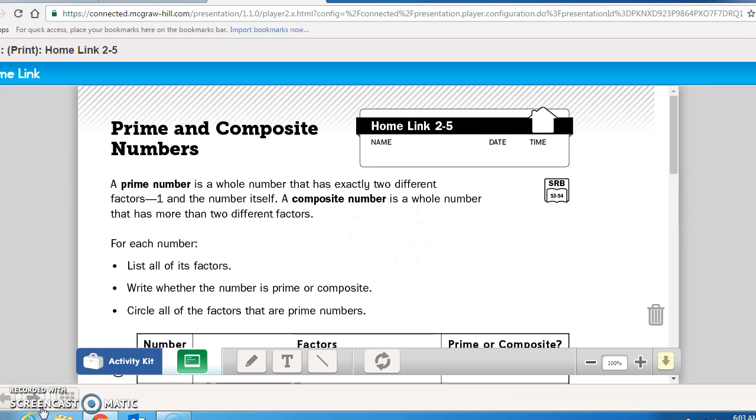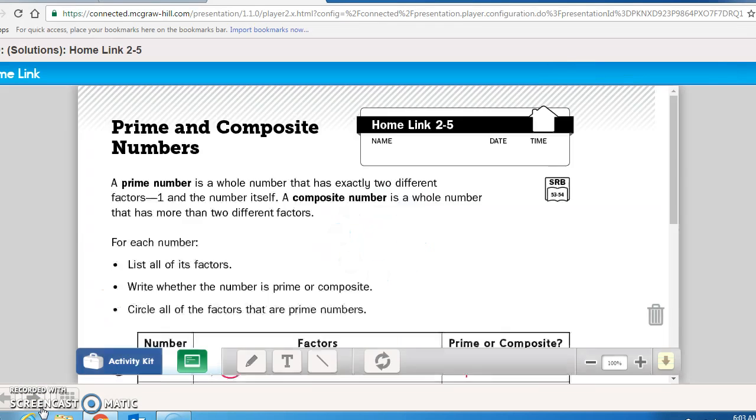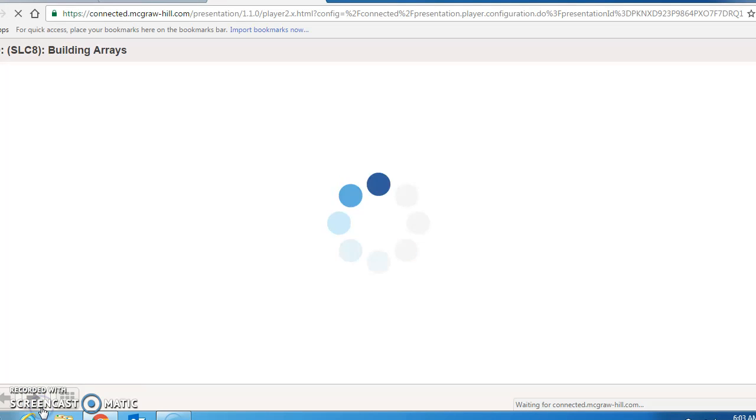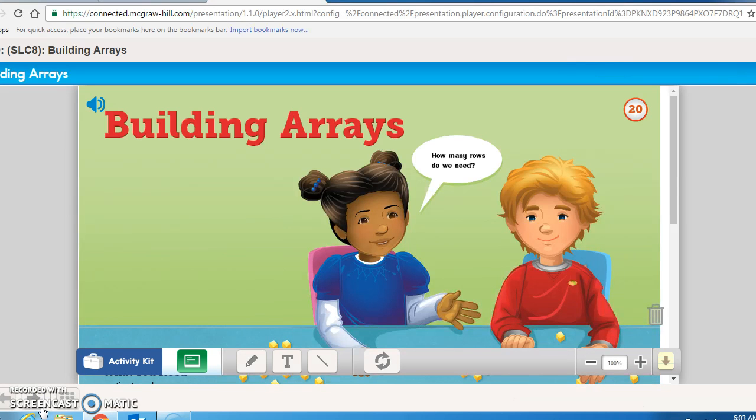So it is going to look like this. And when you finish this, bring it back to me and I'm going to check it quickly so that I know that you know how to do it. Again, I'm not going to show you the answers for this. And building arrays, we're going to stop the tape now, and you are done with 2-6.